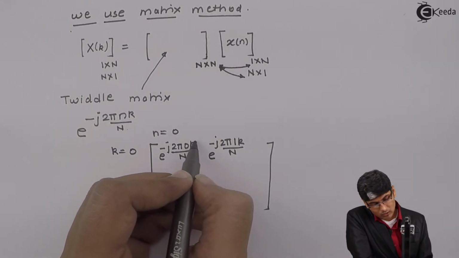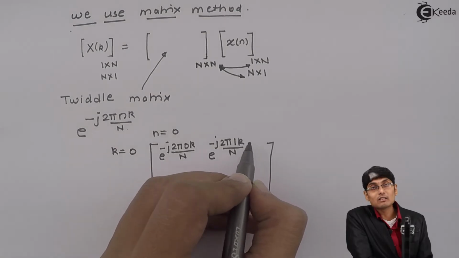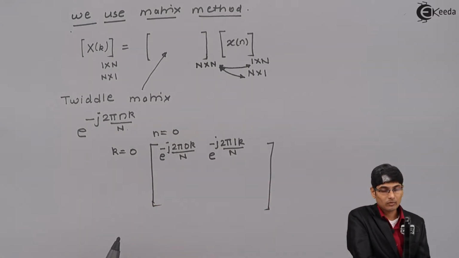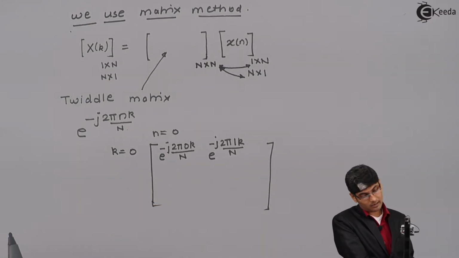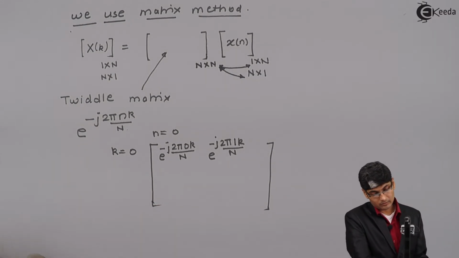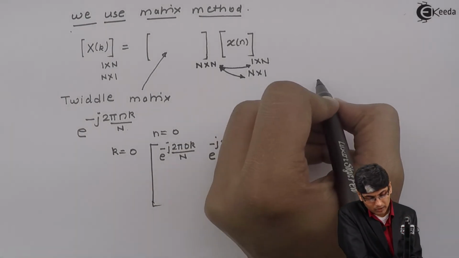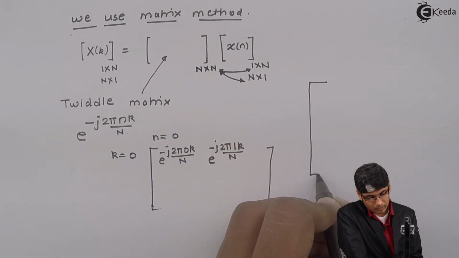So here the k will go to 0, here also k will be 0 and so on. So, based on the product of n and k, let us complete the matrix.